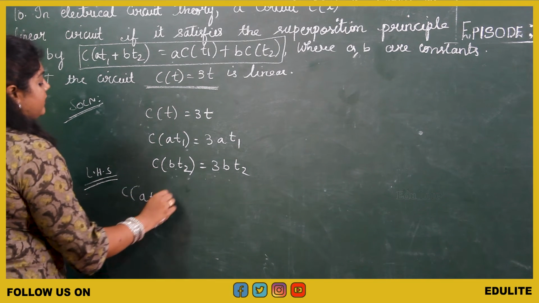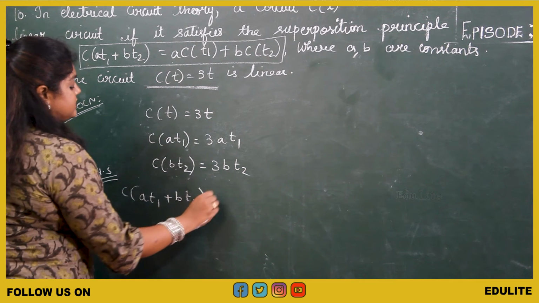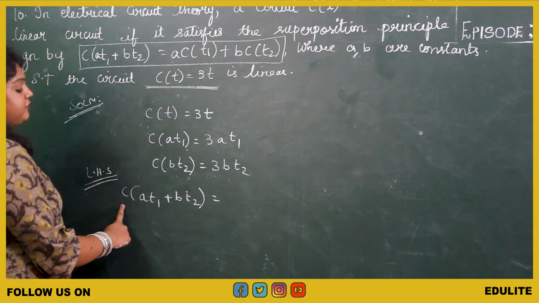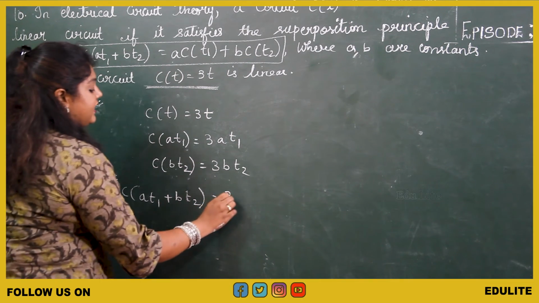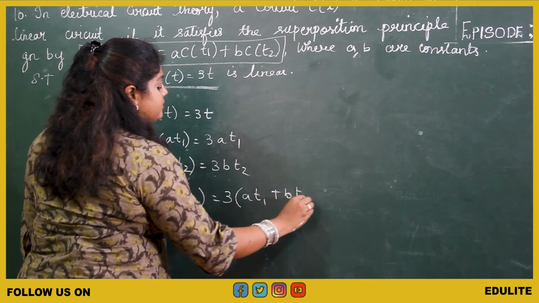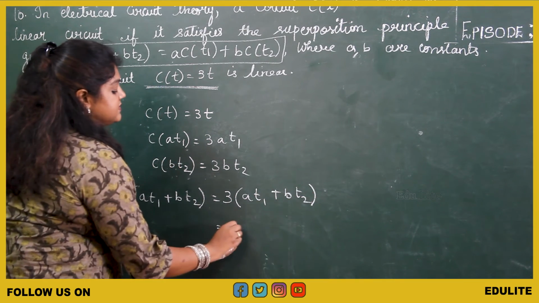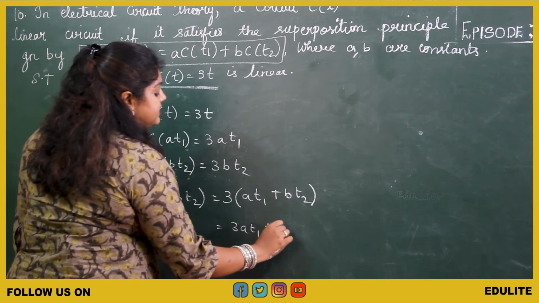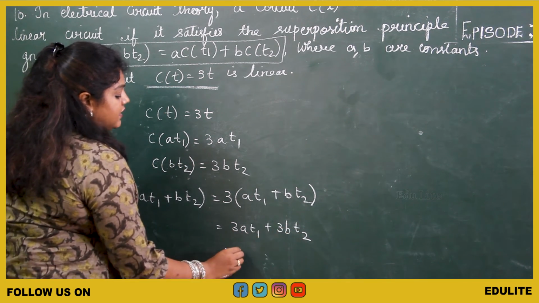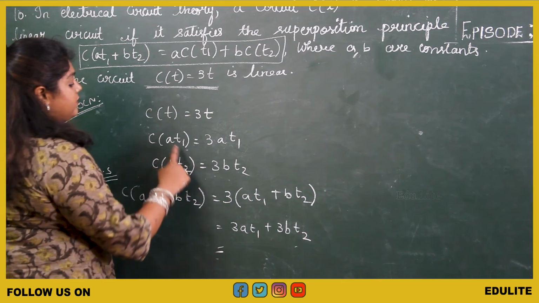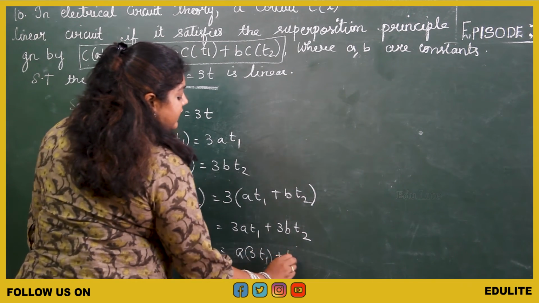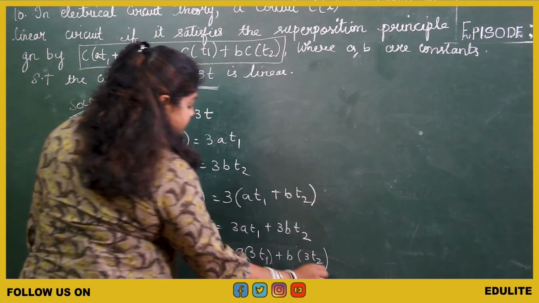C of A t1 plus B t2 equals, if it is C of t, it is 3t. Similarly, C of this value we can write as 3 of A t1 plus B t2. Now we can split it into two terms, 3 A t1 plus 3 B t2. We can interchange the positions. So this is A into 3 t1 plus B into 3 t2.